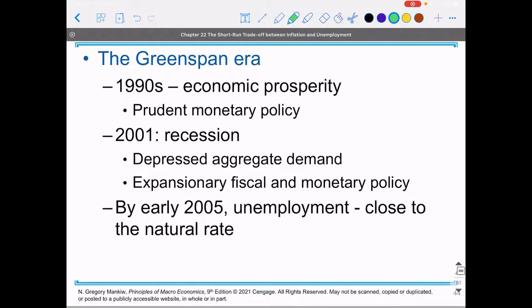In general, Alan Greenspan was an easy money kind of guy. He liked to pump the money with the economy. He incredibly closely followed the Taylor rule in terms of how the money supply was determined.